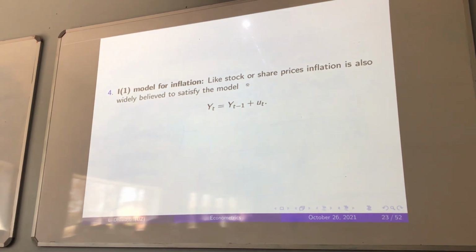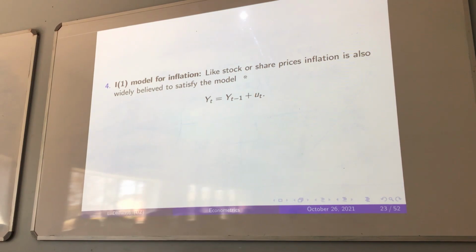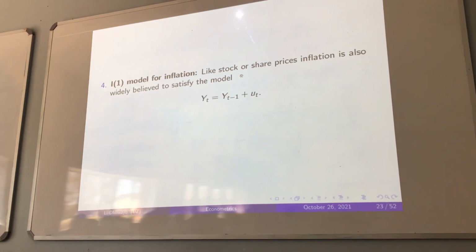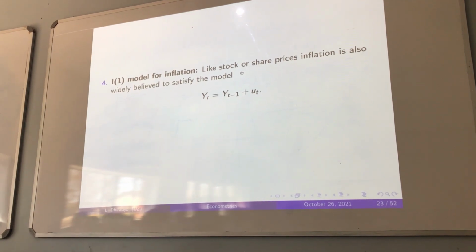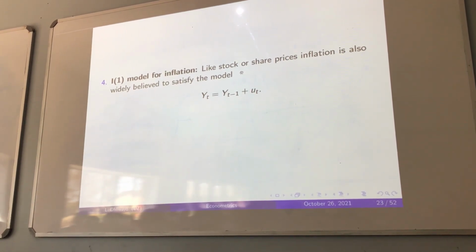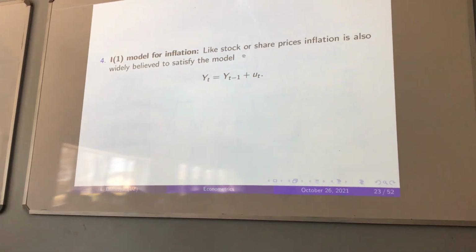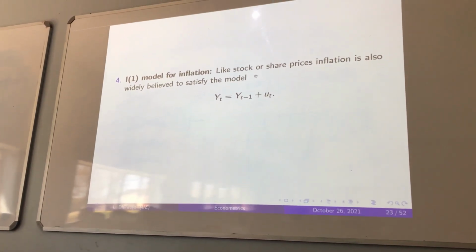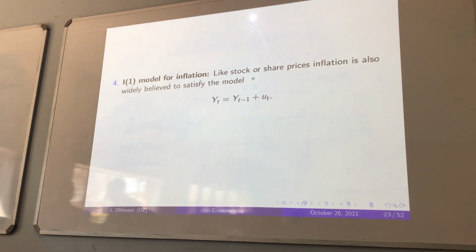Another model. Again, when they see inflation, they say it's an I1 model. That's why we are saying the I1 model of what? Inflation. Like stocks or share prices, inflation is also widely believed to satisfy the model Yt equals Yt minus 1 plus the error term ut.